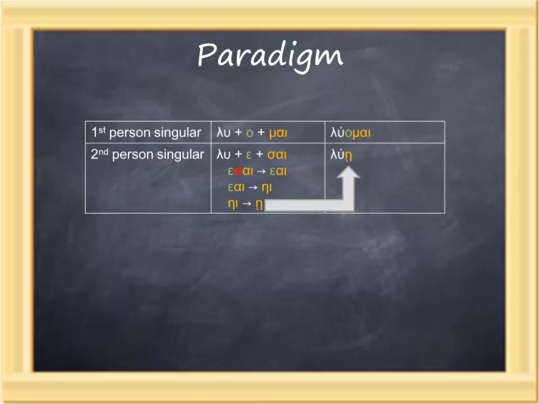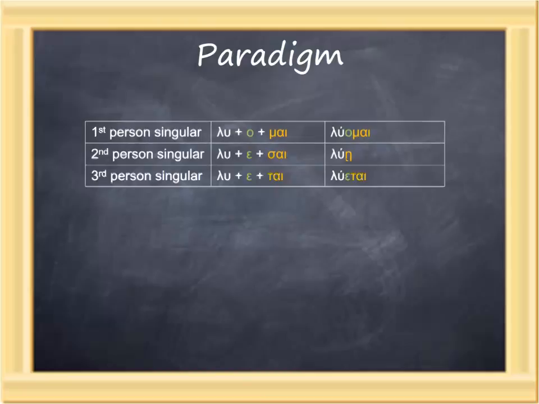However, the iota does not stand behind an eta. Instead, it subscripts. So, esai contracts down to eta with the iota subscript. The second person singular connecting vowel and ending contract to eta, iota subscript. This is the hard one. From now on, they're all easy.